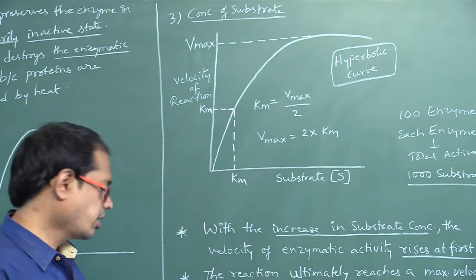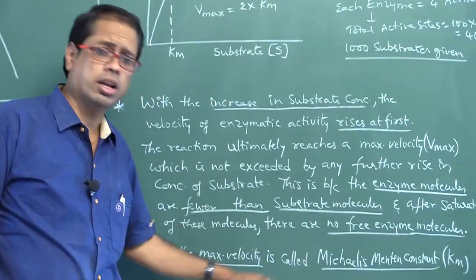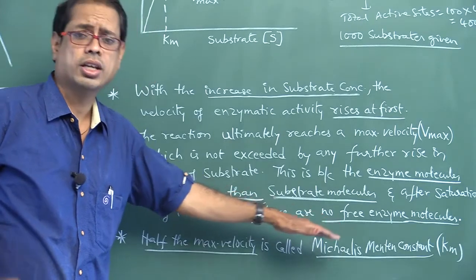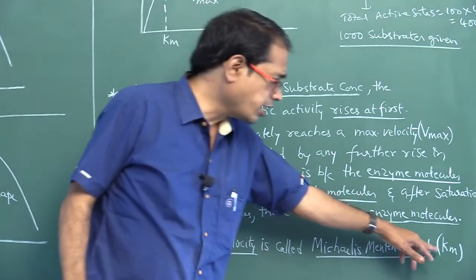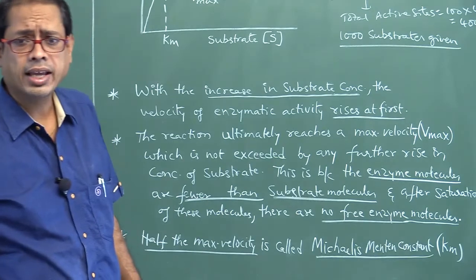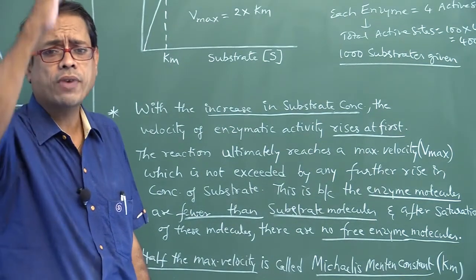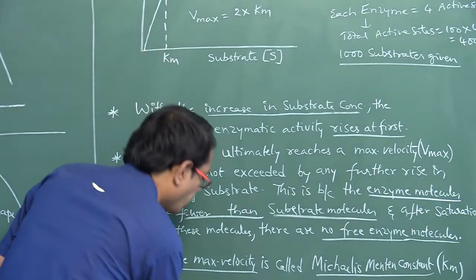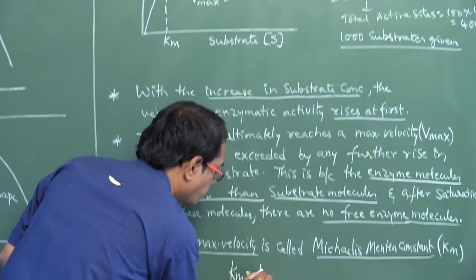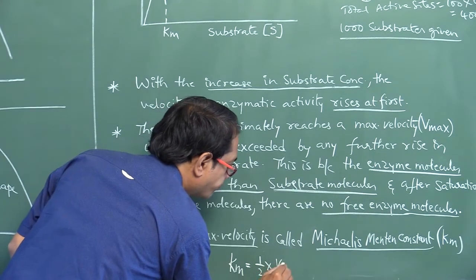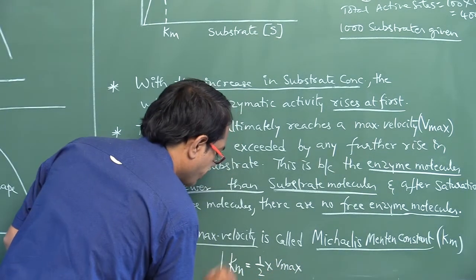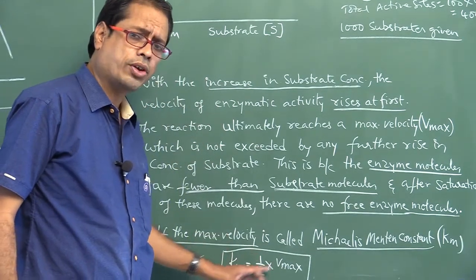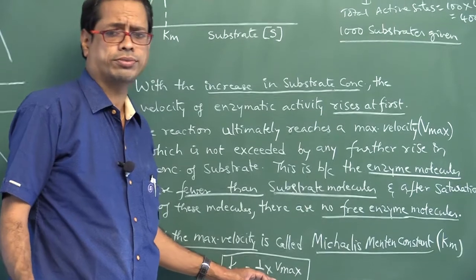Half of the maximum velocity is called the Michaelis-Menten constant. It is represented as Km. What is the Michaelis-Menten constant? Half of the maximum velocity. So Km is equal to half into Vmax, or Vmax by 2.